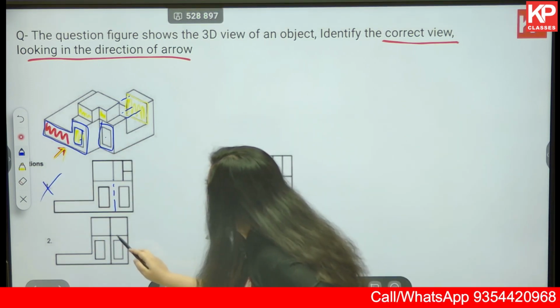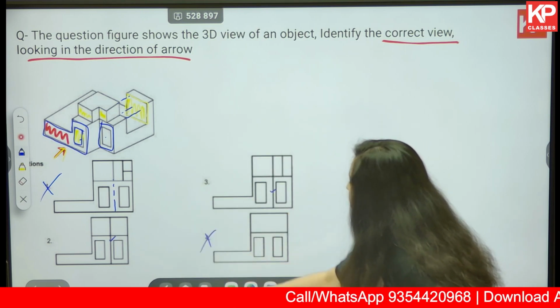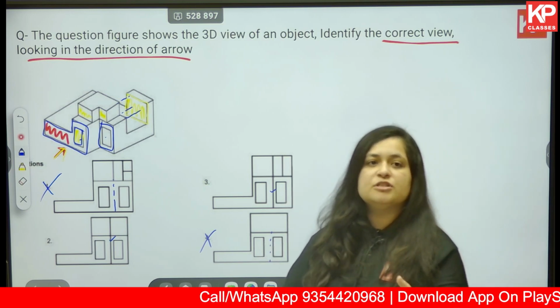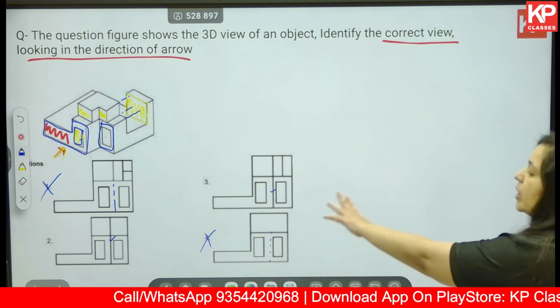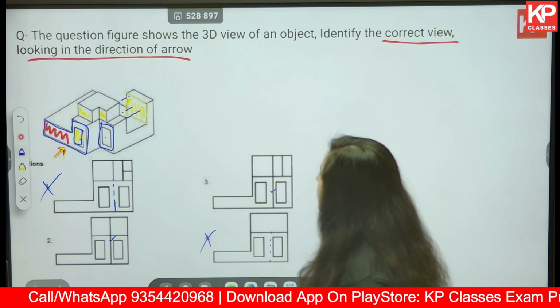So this can be correct, this can be correct, this cannot be correct again, because there is no line in between showing the level difference between these two surfaces. Okay, so what we have is 2 and 3. We have to choose between 2 and 3. 1 and 4 have been eliminated.